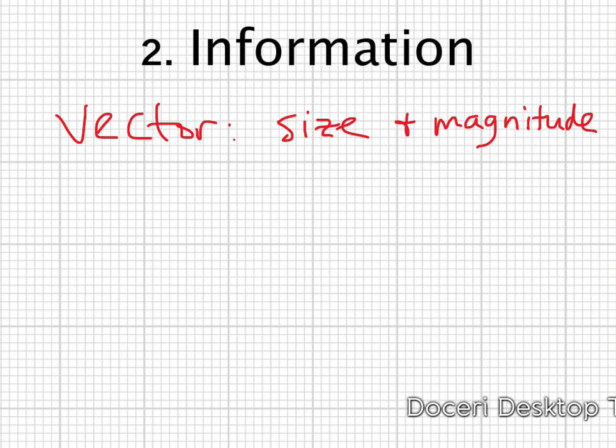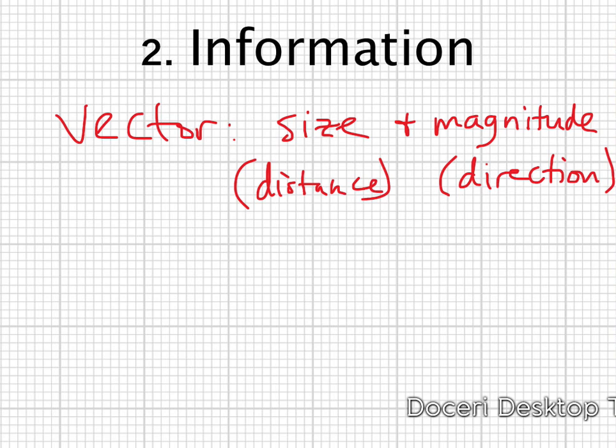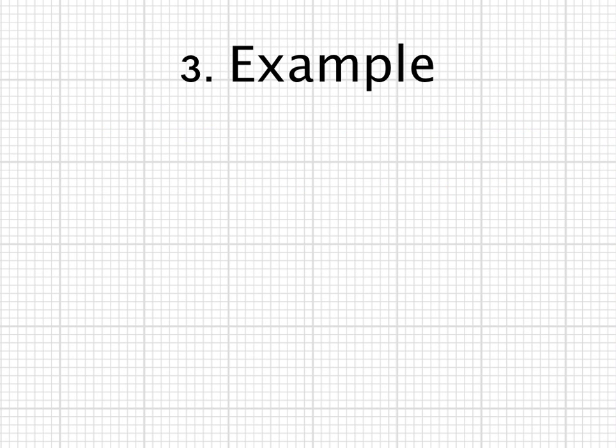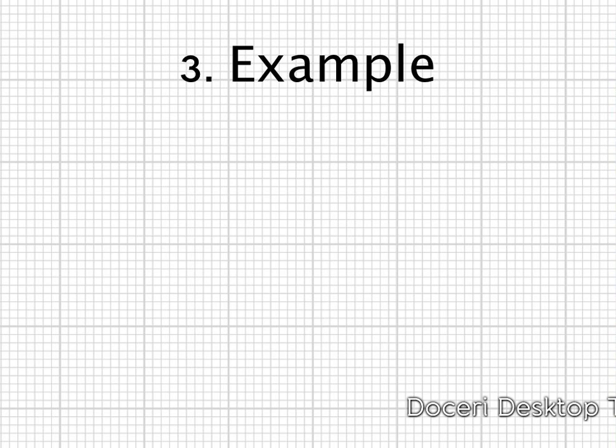So size tells me how far or distance, and magnitude tells me the direction. So an example would be, well, let me just go on to the example section and we'll do an example of how to translate using vectors.